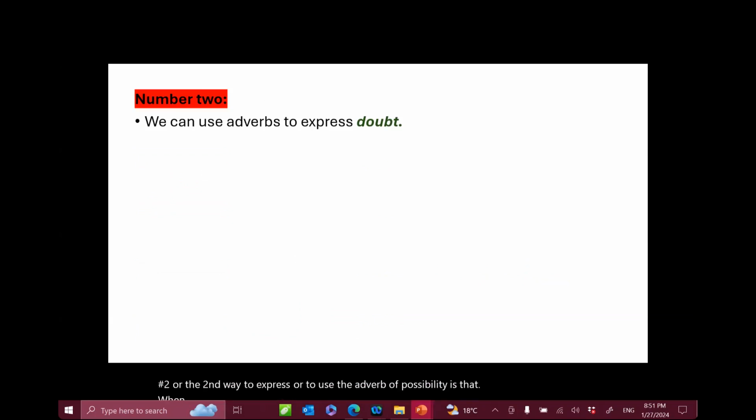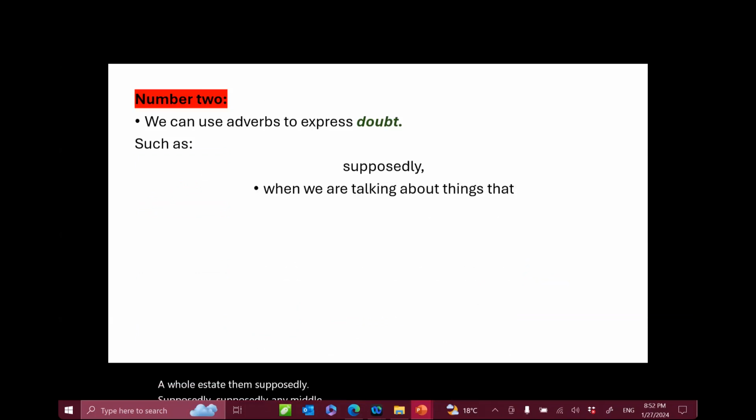Number 2, or the second way to use the adverb of possibility, is when we express doubt, يعني شك. لما أكون عايزة أعبر عن doubt أقول إيه؟ أستخدم supposedly, يعني من المفترض.